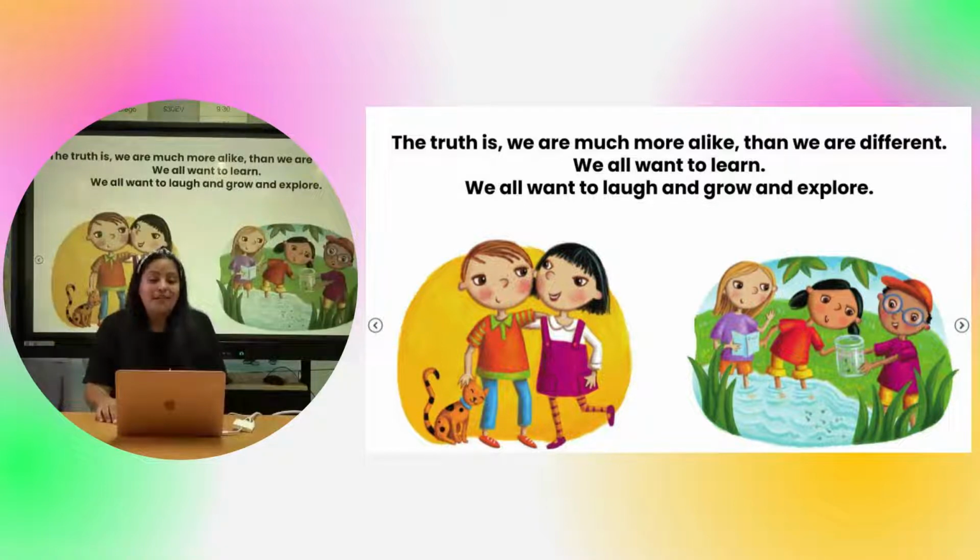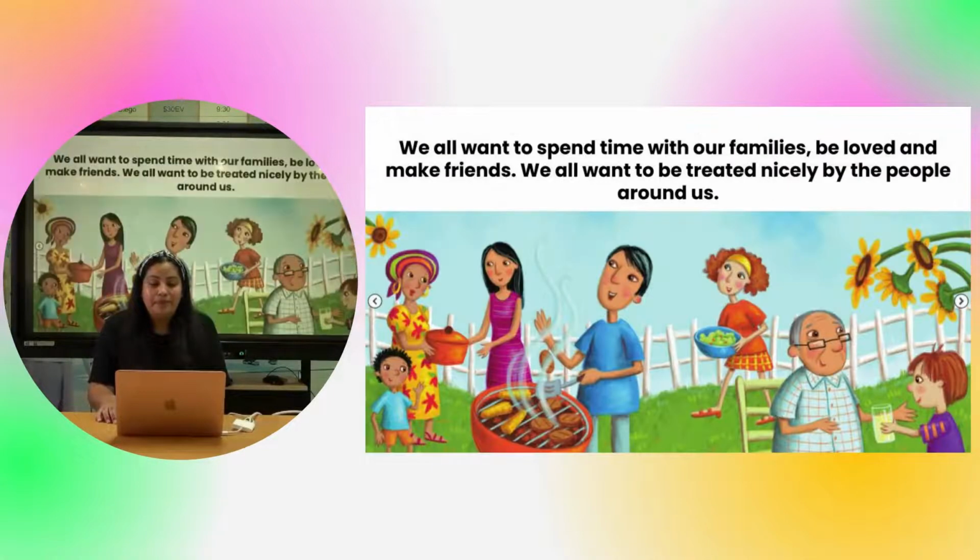So here we see some friends outside in nature. They're learning about maybe some bugs that they found. And then in the other picture, we see some friends and they just want to feel happy and feel loved. We all want to spend time with our families, be loved, and make friends.